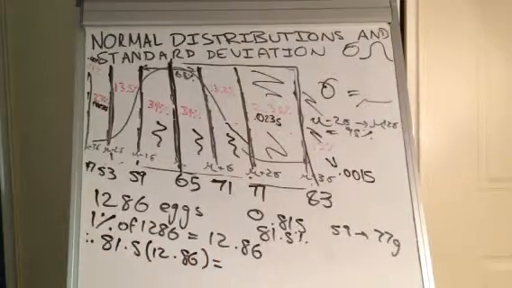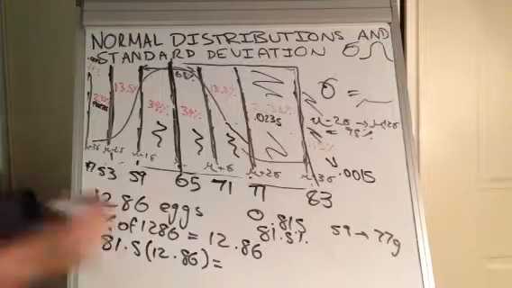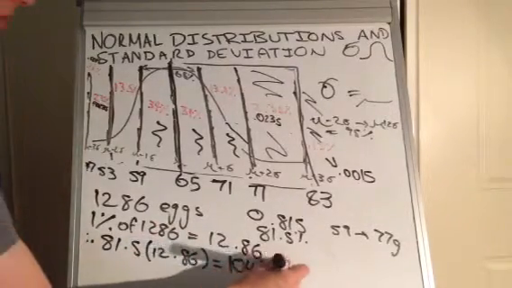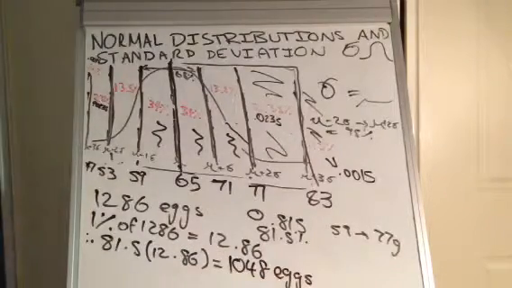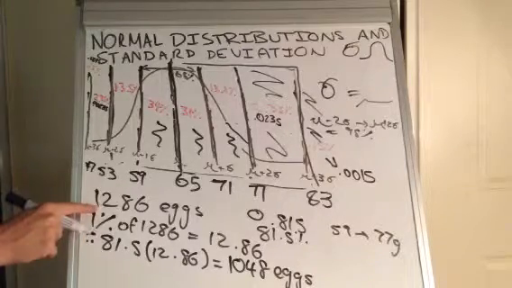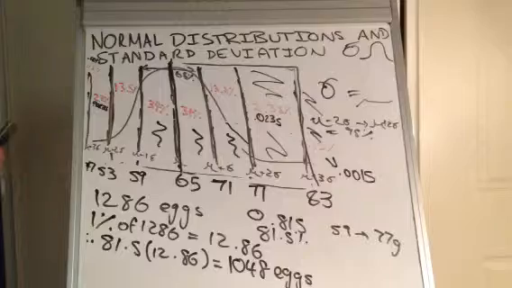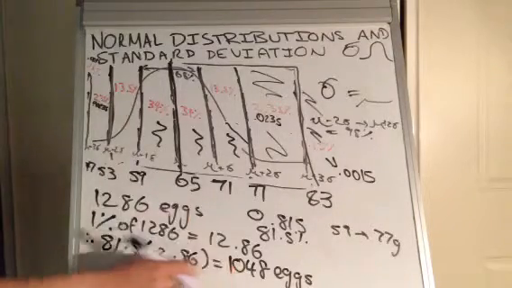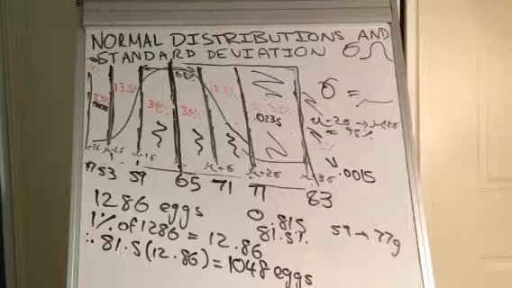So I go to my calculator, and 81.5% times the value for 1% gives us 1,048 eggs that are suitable for sale. And in context, we just need to double check that that's all good. So we can go 1,286 and divide that by 2, and we see that it does make sense in context, because if we divide it in half for 60%, we get 643, so that seems a reasonable solution there.